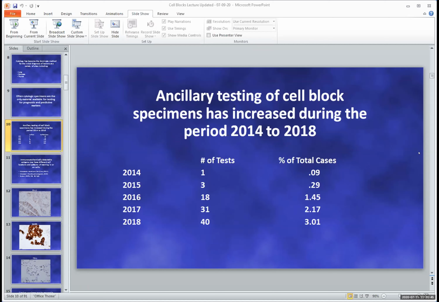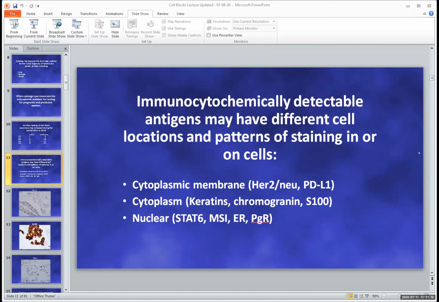Over the next 4-5 years, it went up dramatically, from much less than 1% to 3%. And if you were to look at how we use it today in 2020, you'd find probably a tenfold increase in the utilization of cell block material for immunocytochemistry. So it's a very, very important source of material for answering those issues that clinicians need information on.